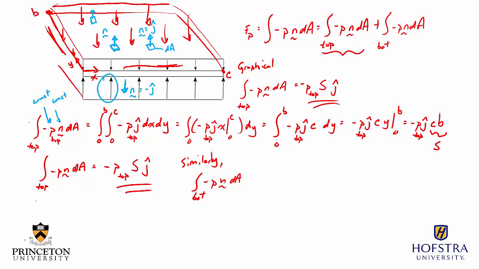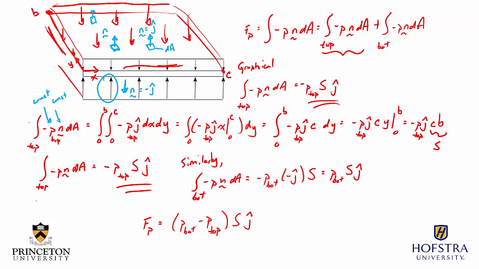So thinking about my graphical argument, this integration gives me minus the pressure on the bottom, times minus j times s, which is p bottom s times j, in the positive j direction. Overall, the force due to pressure is then p bottom minus p top times the area of the wing, in the j direction.